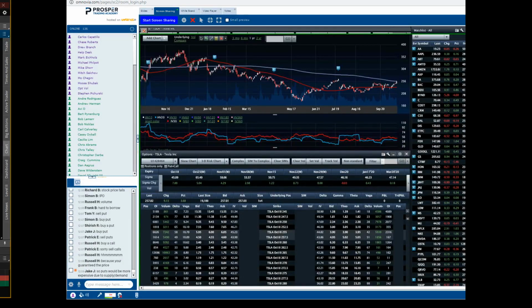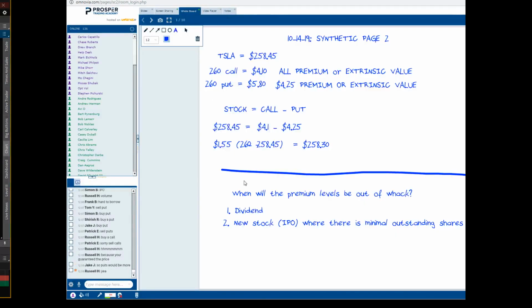Okay, exactly. But those are the aberrations. These two instances of a dividend and of an IPO where there's not a lot of float, those are the outliers. Those are the aberrations. Other than that, puts and calls should always be priced equivalently. Otherwise, there'd be an arbitrage opportunity.